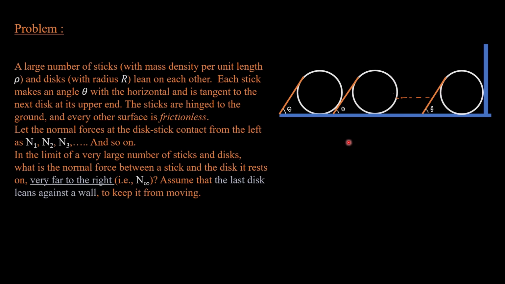And also, the last disc leans against a wall to keep the system in equilibrium. In the limit of a very large number of sticks and discs, what is the normal force between a stick and the disc very far to the right? That is, we have to calculate N infinity.